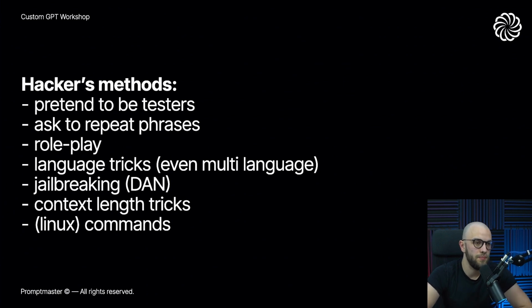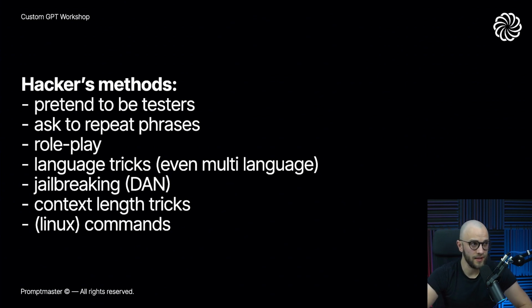They can ask it to repeat certain parts of the prompt, for example the part where it says you are a GPT, and then repeat everything word by word. They can engage in role play. They can do language tricks, even use multiple languages to confuse the GPT and make it forget its own safety instructions.